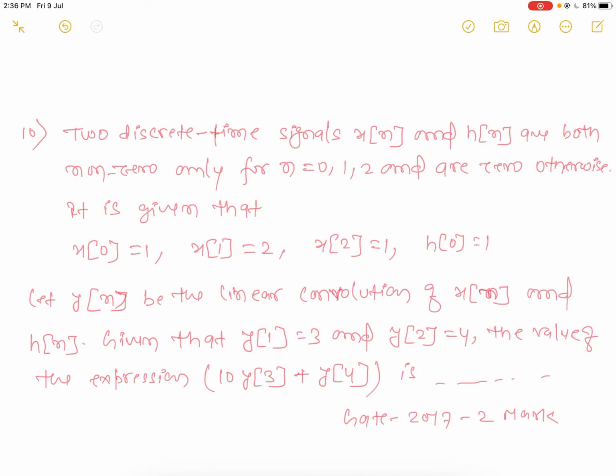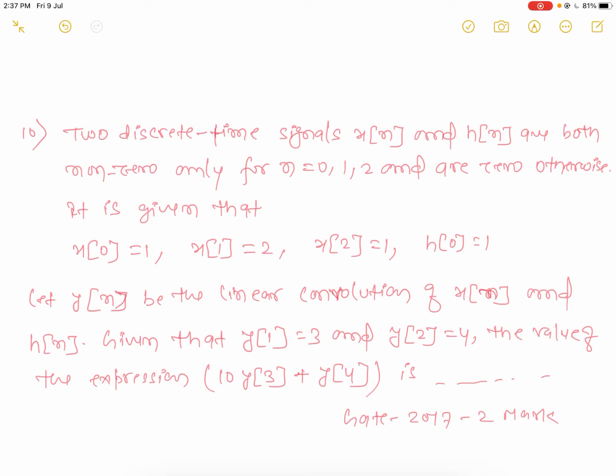Two discrete time signals x[n] and h[n] are both non-zero only for n equal to 0, 1 and 2, and are 0 otherwise. It means both signals are defined at sample values 0, 1 and 2. It's given x[0] is equal to 1, x[1] is equal to 2, x[2] is equal to 1 and h[0] is equal to 1.